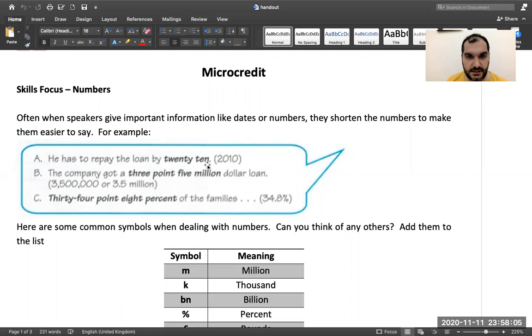I say 2010 or 3.5 million, or just 34.8%, and they shorten the numbers to make them easier, and it will help you to take your notes quickly.